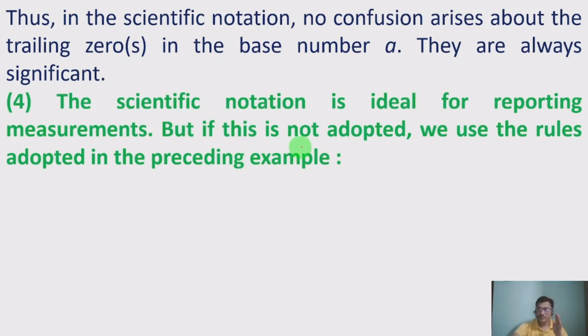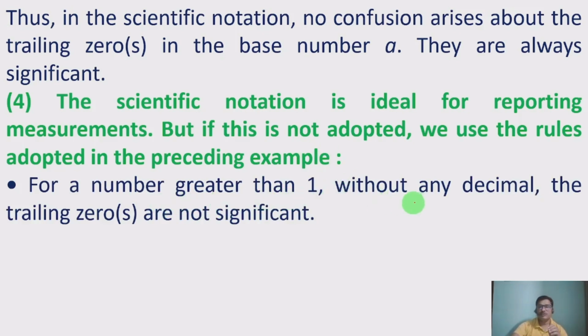But if this is not adopted, we use the rules adopted in the preceding example, the 4.700 that we have taken, and merely changing the units does not change the number of significant figures.